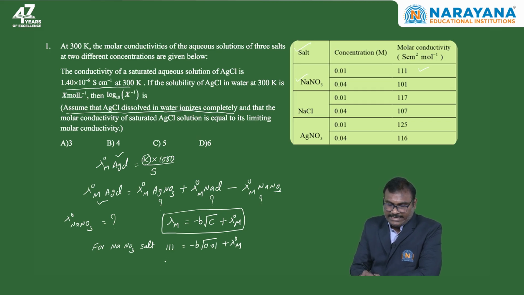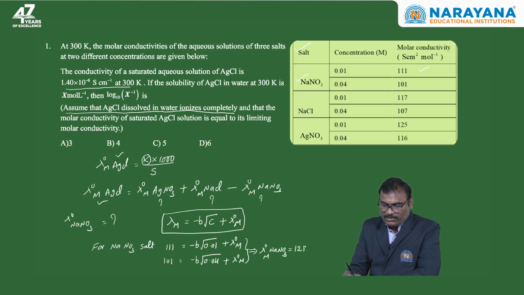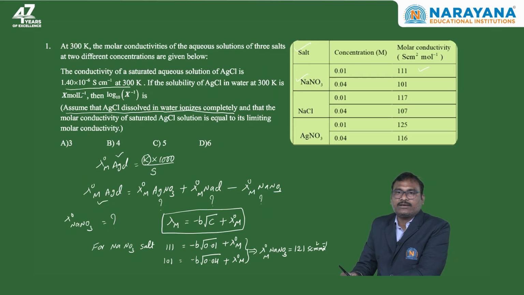Now 101 is equal to minus b under root of 0.04 plus lambda naught m. By using these two equations, I find that lambda naught m of NaNO3 is equal to 121 Siemens centimeter square mole inverse. Yes or no?